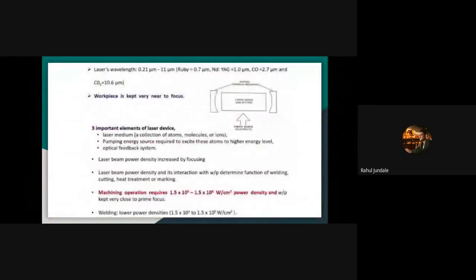For machining operations you require a very high laser heat intensity, in watts per centimeter square.